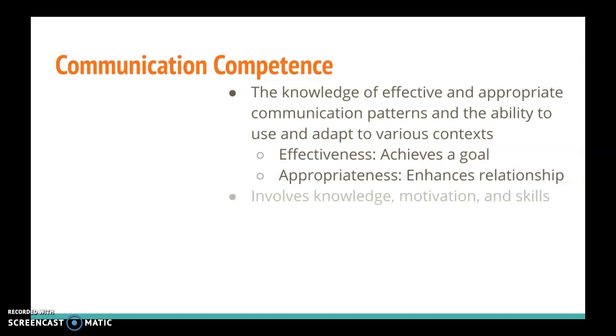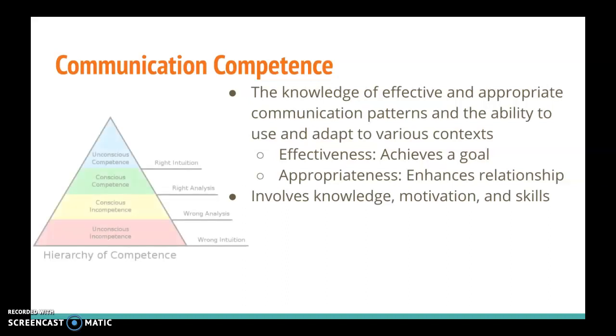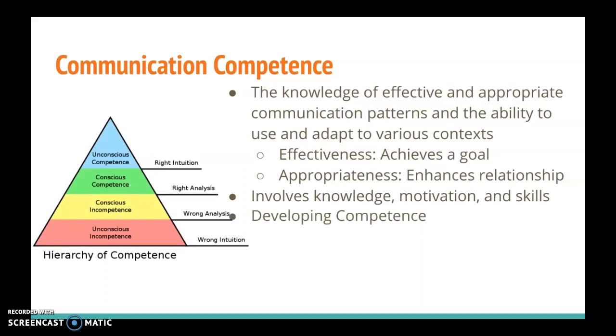And so communication competence involves the knowledge, motivation, and skills in order to communicate well. So we need to know what good communication consists of. We need to have the motivation to reflect on and better our communication. And we need to have the skills to be able to do so. And so we have to work on developing our competence.